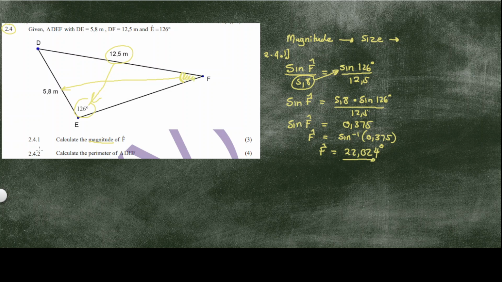All right, for that last question, they want us to calculate the perimeter of triangle DEF. Do you know what the perimeter is? Maybe let me ask this question this way.